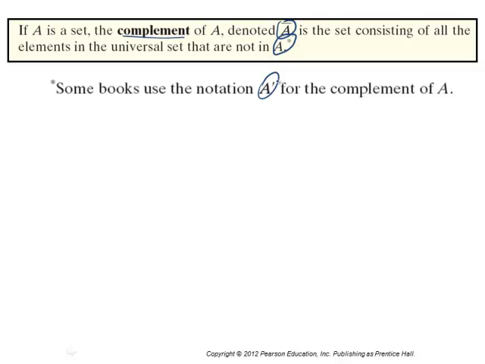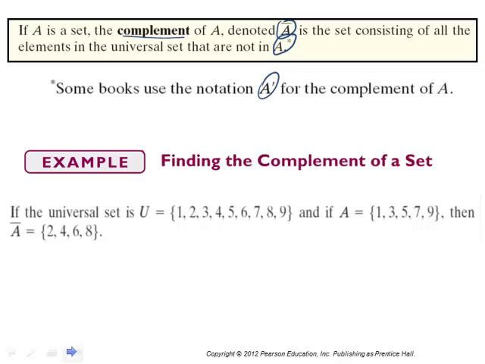Okay. So for example, suppose that we've got this universal set. Think about this universal set as the backdrop. All other sets are going to be subsets of this universal set.